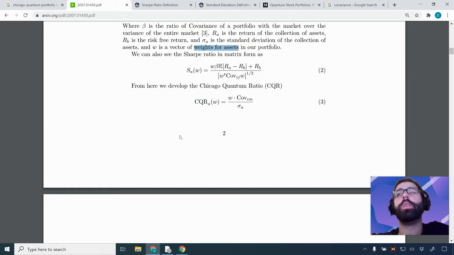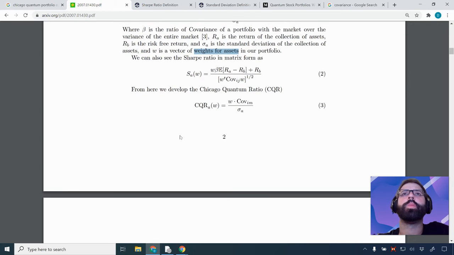So, the original Sharpe ratio is basically... no, I think it's correct.